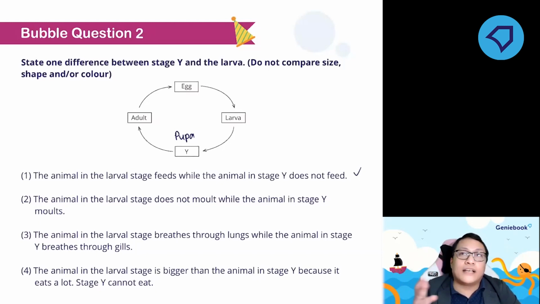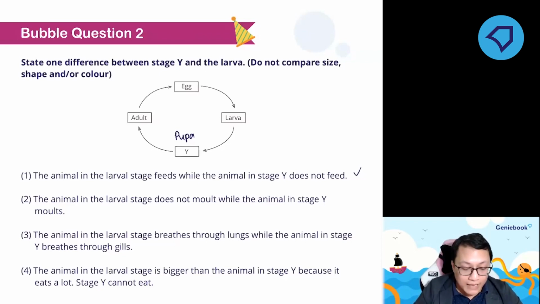Let's say the butterfly. The butterfly in pupal stage does not eat. So that's why when they are still in larval stage, they eat a lot, so that they are prepared not to eat for quite a period of time.